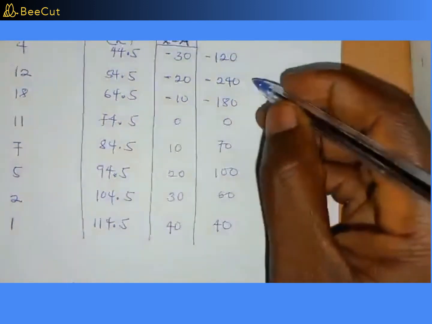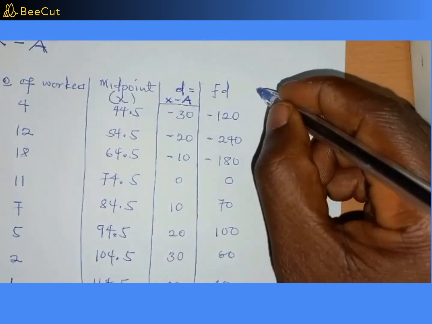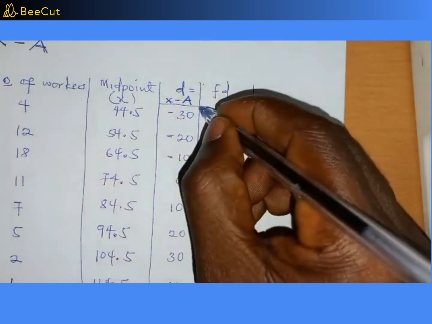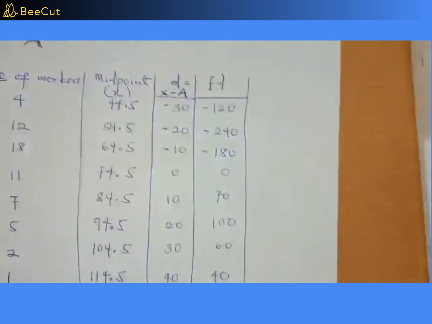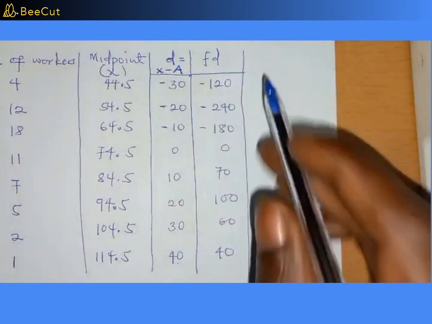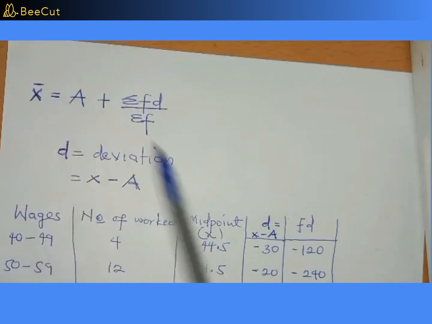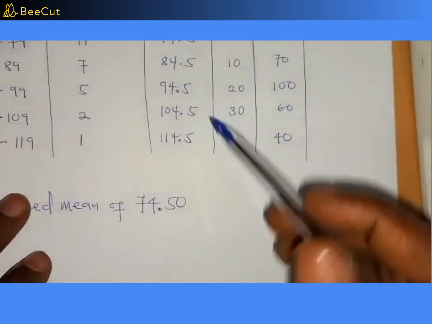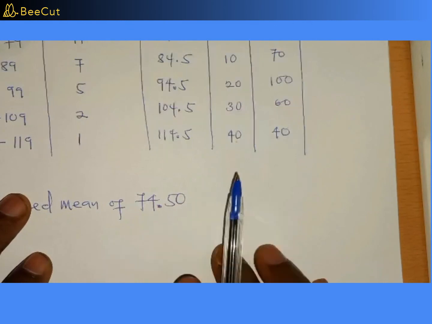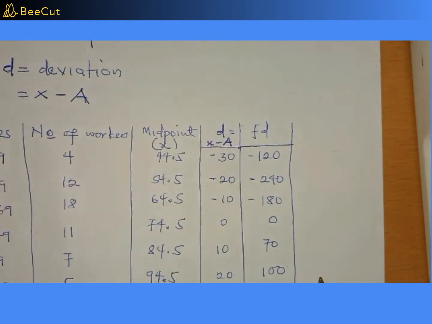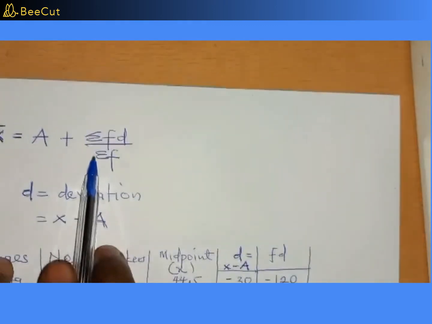So this gives us what we call the FD, that's the frequency multiplied by the deviation. Now that we have this, we already know the assumed mean, which is the A, and that's 74.5.